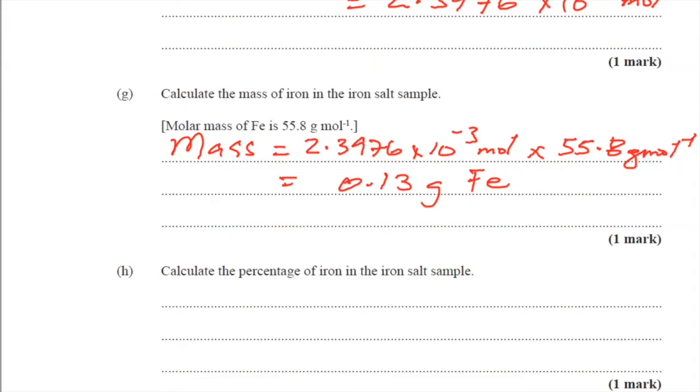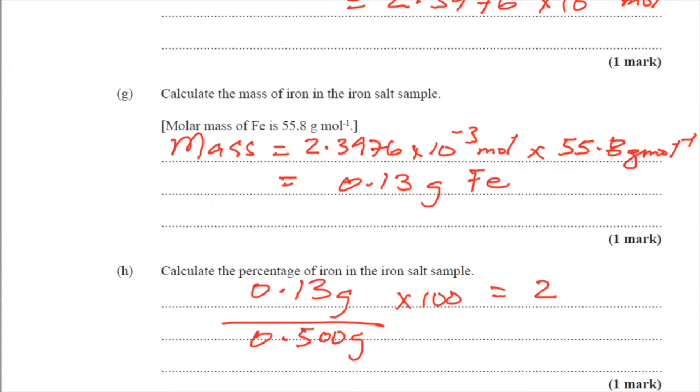So to calculate the percentage of iron in the sample, it's the mass that we got, 0.13 grams, divided by the mass of the sample used, which is 0.500 grams. We're expressing that as a percentage, so we multiply by 100, which gives us 26% for a mark.